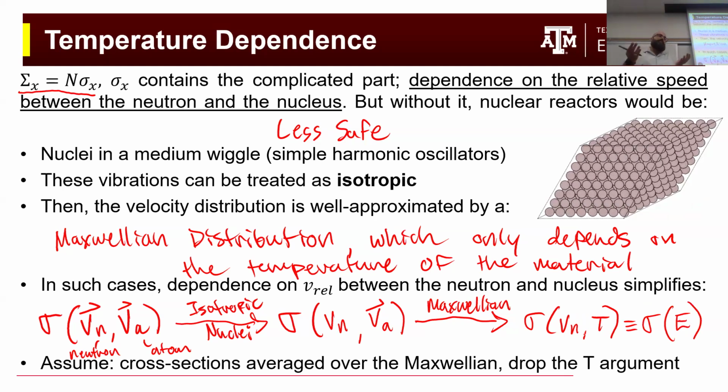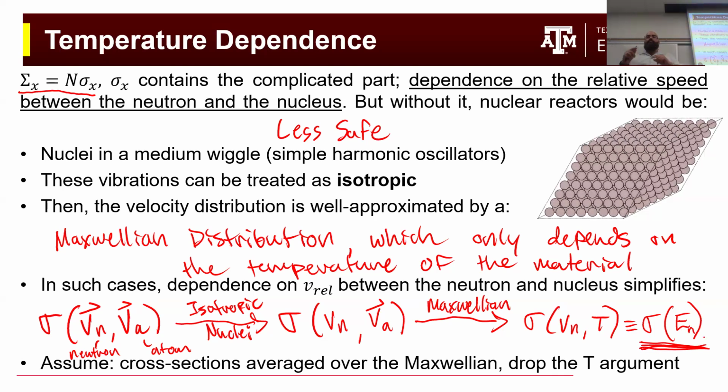Energy is the more convenient term to use, and there's a one-to-one relationship between the speed and the kinetic energy of a neutron. And so generally, this is what we're going to think about for the dependence of our microscopic cross sections. If we make these assumptions, then these microscopic cross sections really only depend on the energy of the neutron. I can put a subscript in here just to remind us that it's the energy of the neutron.